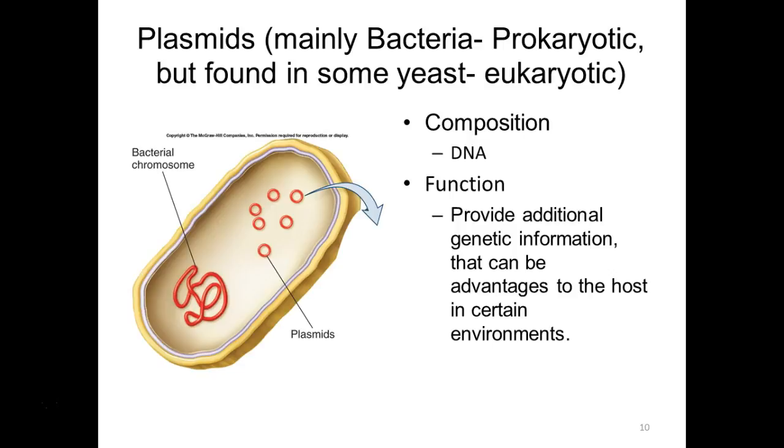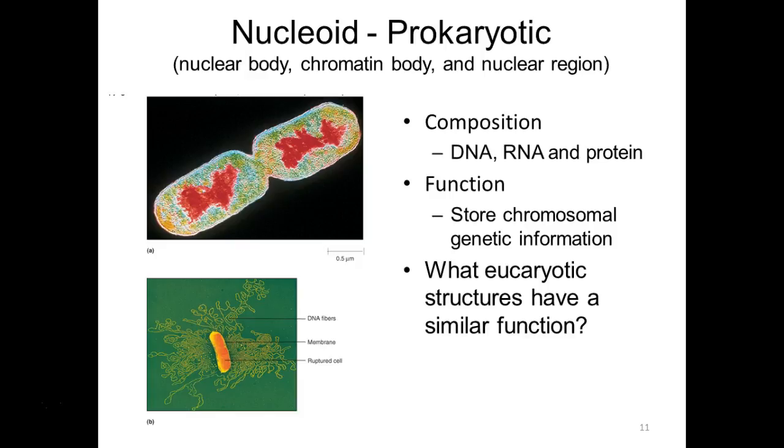The chromosome, though, typically, if a cell has an extra copy of it, it's getting ready to divide. They don't keep extra copies of their chromosomal DNA in their cells. So for prokaryotes, I'll always refer to it as the nucleoid, but in the literature you'll see other terminology for the region in which the DNA for a prokaryotic cell is housed.